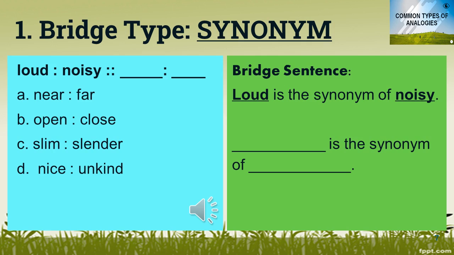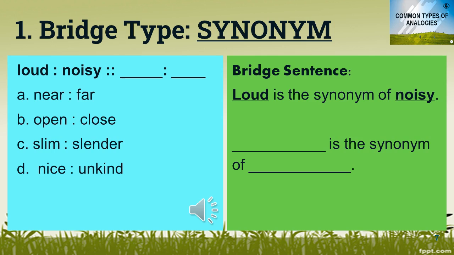Let us use this pattern to solve this analogy. Letter A. Near is the synonym of far. This is incorrect. Next. Open is the synonym of close. Okay, wrong. Letter C. Slim is the synonym of slender.